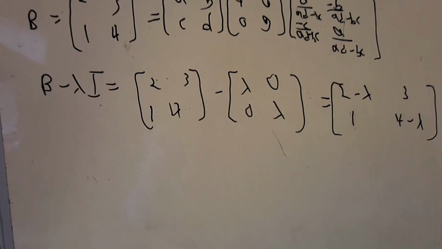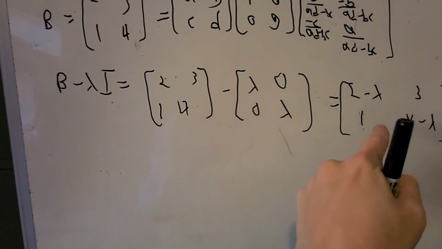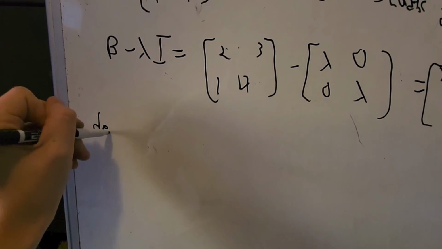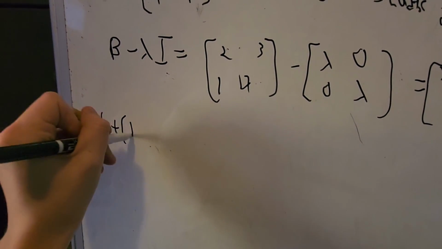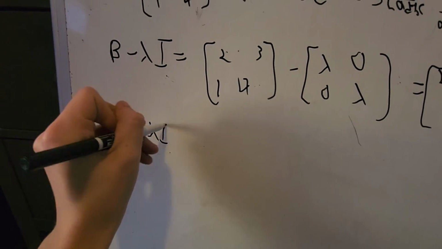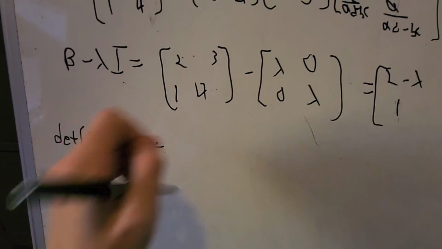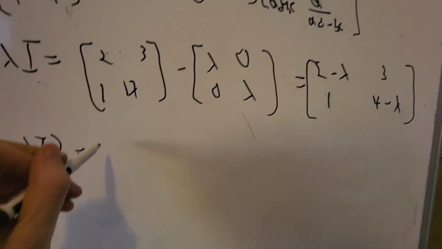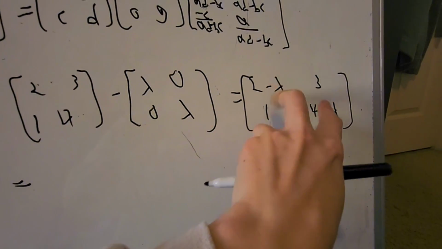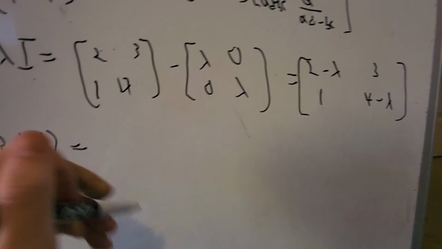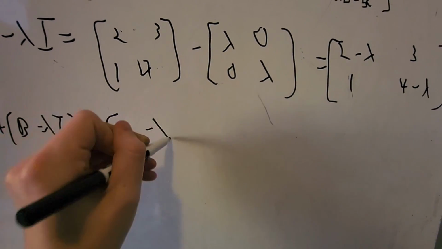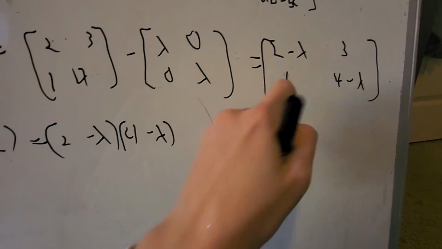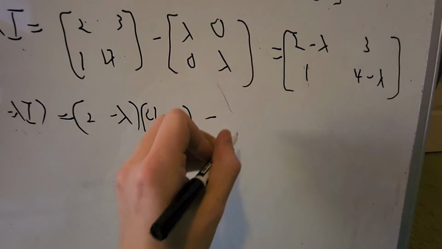Okay, great. So now we have B minus lambda I. So we want to take the determinant of B minus lambda I. Up here we did the inverse, but now we need the determinant. So the determinant is this term times this term, 2 minus lambda, 4 minus lambda, minus the product of these two.